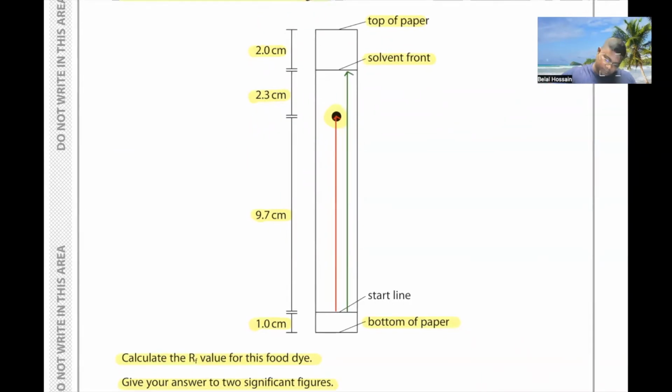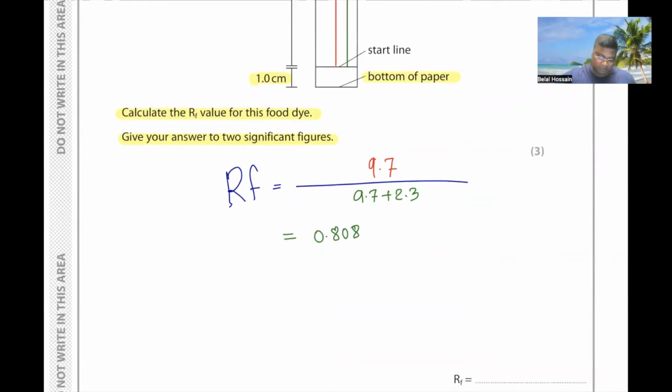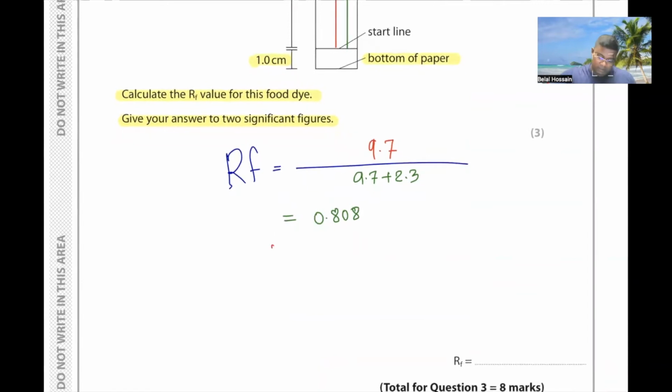So the solvent front, which is 9.7 plus 2.3. So the answer comes to 0.808. Now the question says that we have to answer up to two significant figures. So for that reason, it's going to be 0.81. 0.81 will be the final answer.